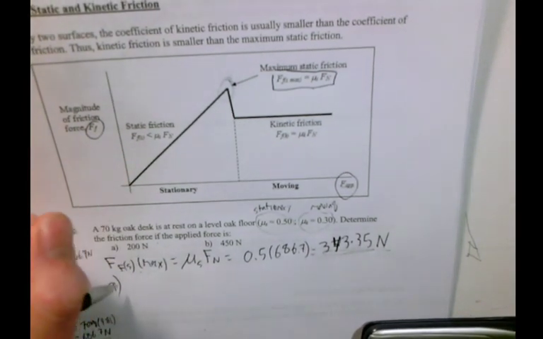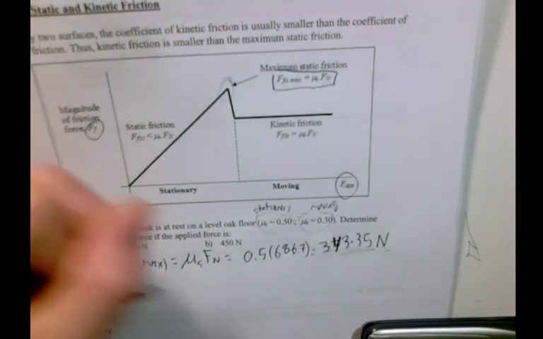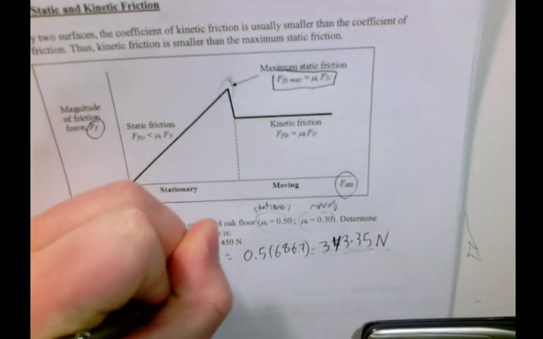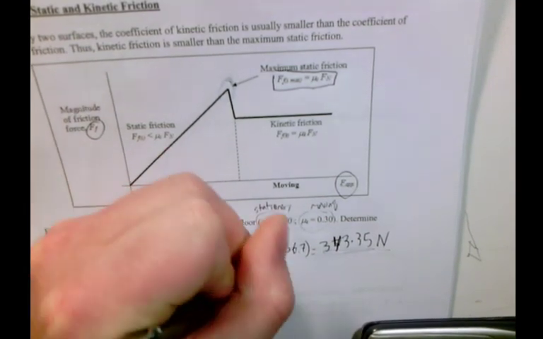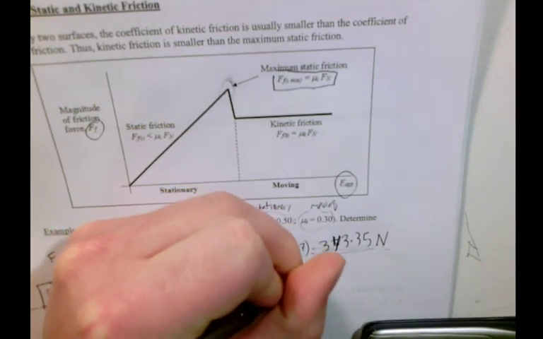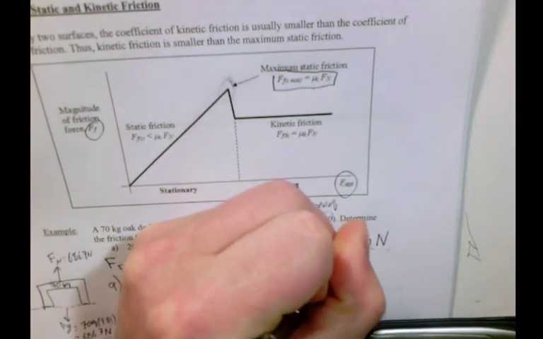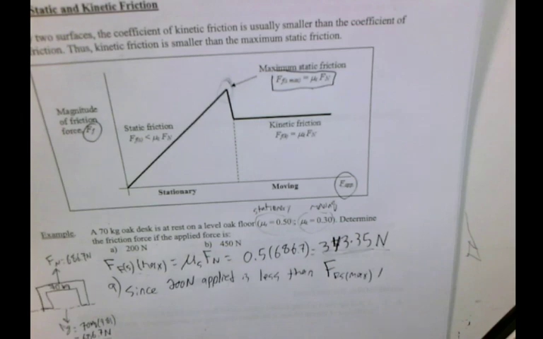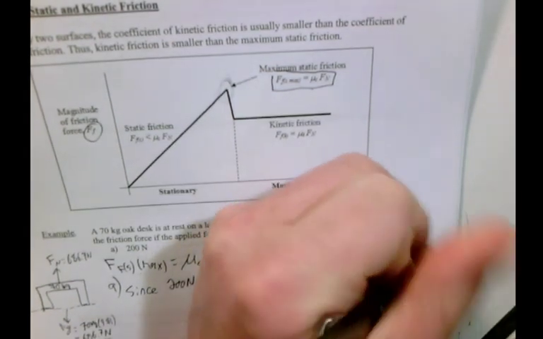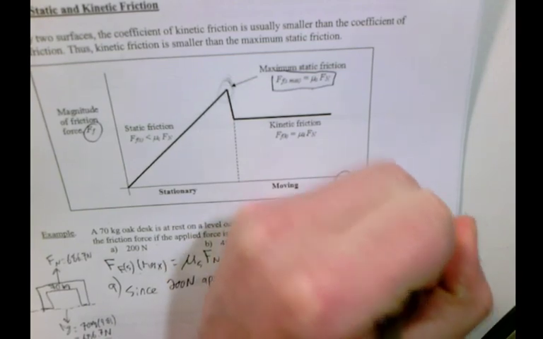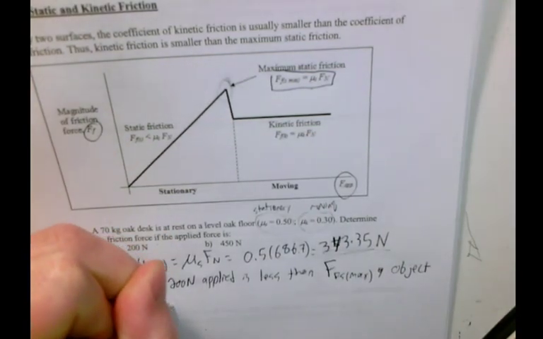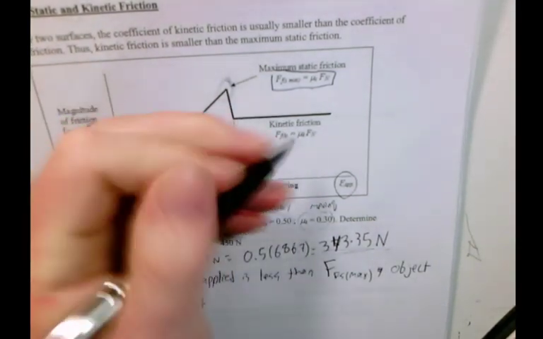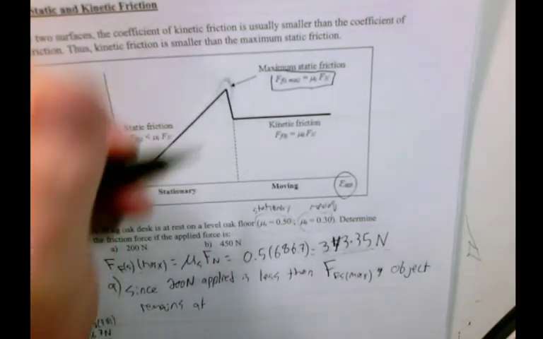right? So for part A, since 200 newtons applied is less than our static max force of friction, we have our object is remaining at rest. It's not moving yet. It's still climbing up that part of the graph.